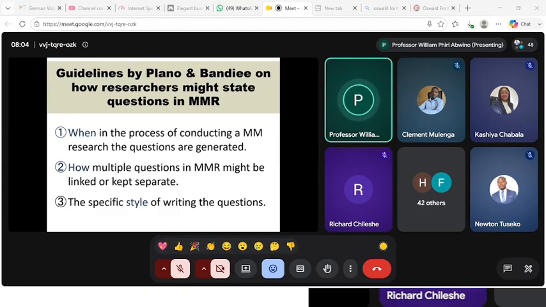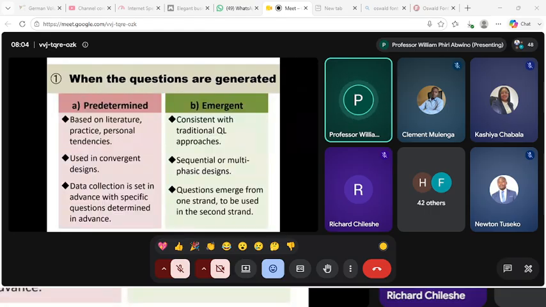Can you take note of this? Also, how multiple questions in MMR might be linked or kept separate, and also the specific style of writing these questions.